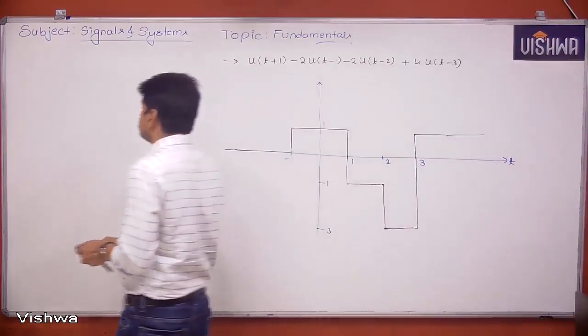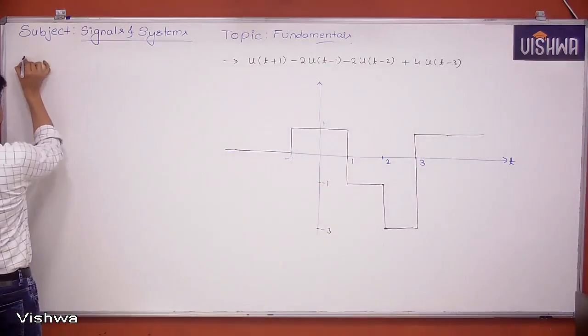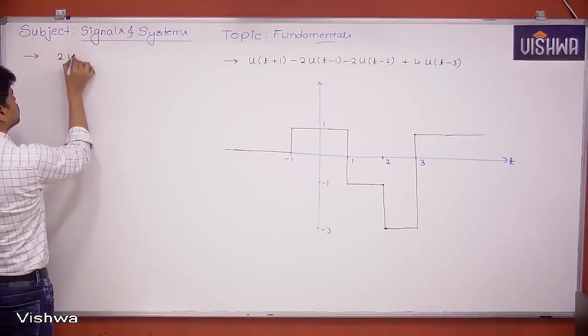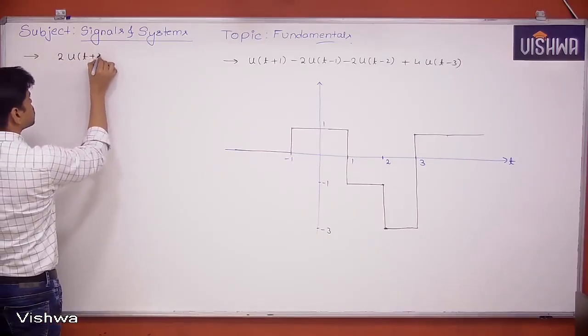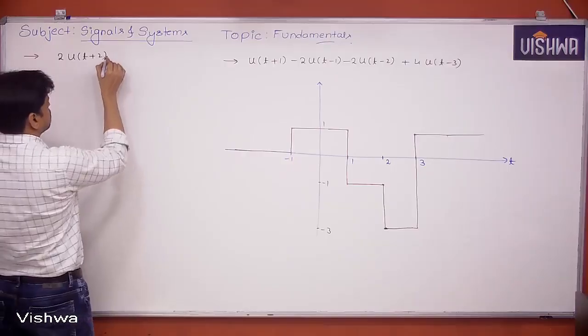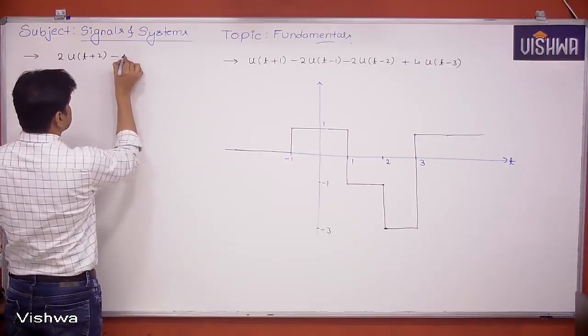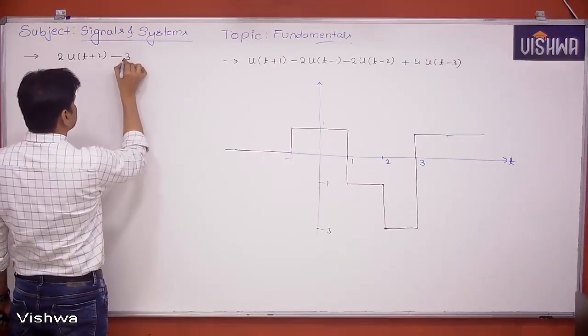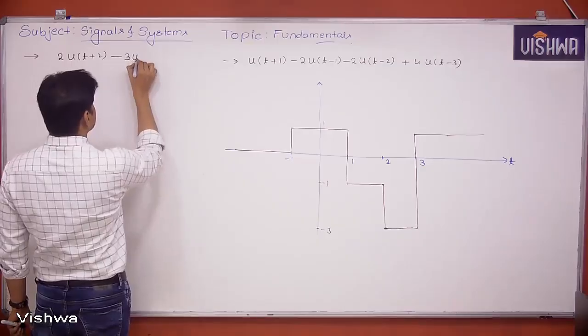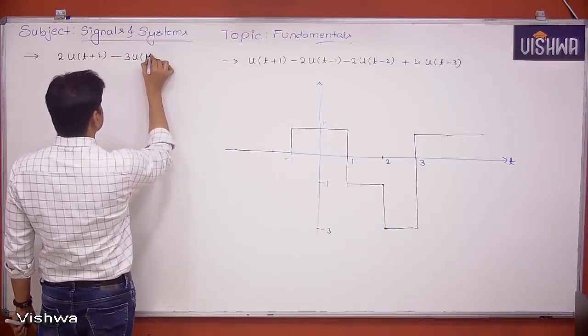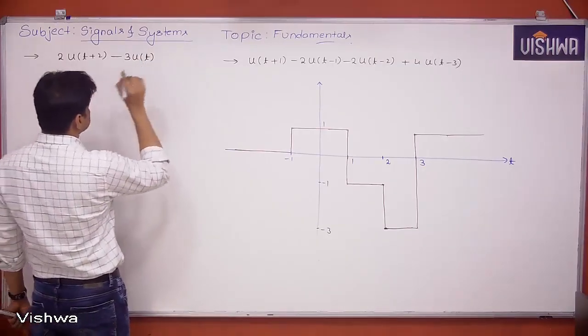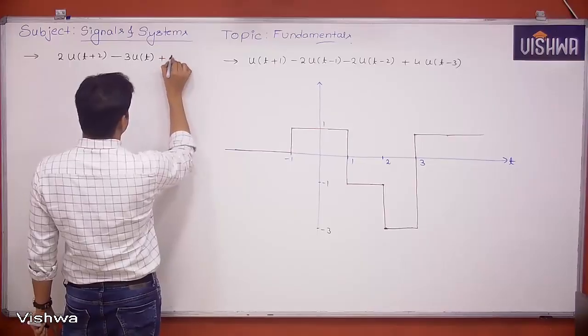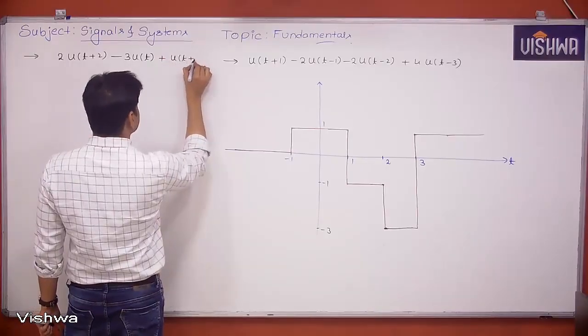Next example, draw this function: 2u(t+2) - 3u(t) + u(t-1).